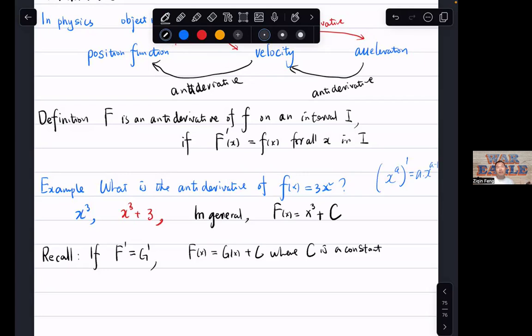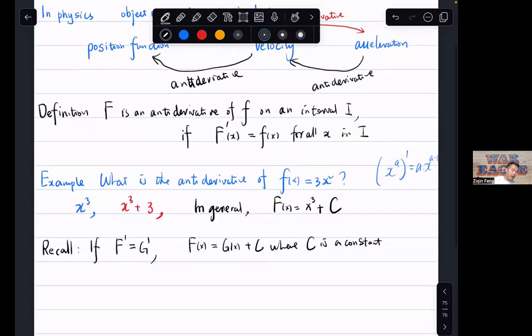So if two functions share the same derivative, they are strongly related, one minus the other is a constant. So the most general antiderivative of a given function is one antiderivative plus a constant. Just find any antiderivative, then plus a constant.